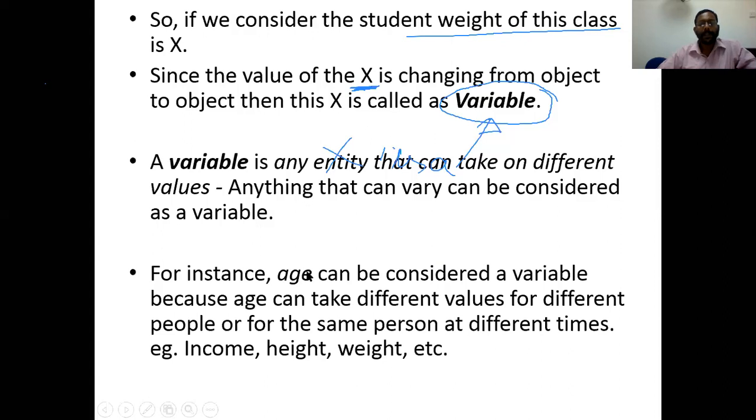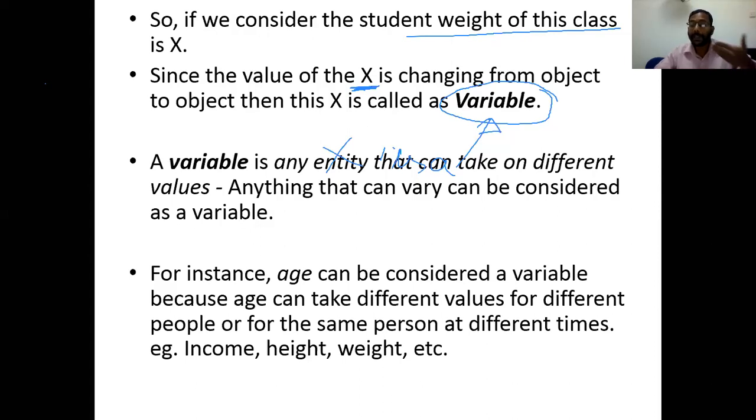For instance, age can be considered a variable. Why? Do we have the same age for all of us? No, different ages. Maybe in your class also. Even if you say I'm 22 or 23 years old, if you look at the actual age in months, they are different because they were born in different months.